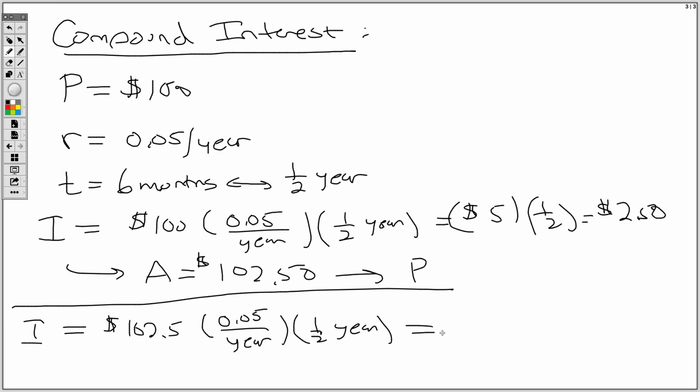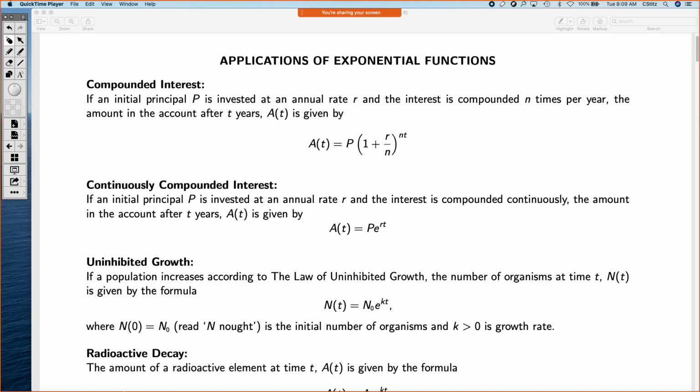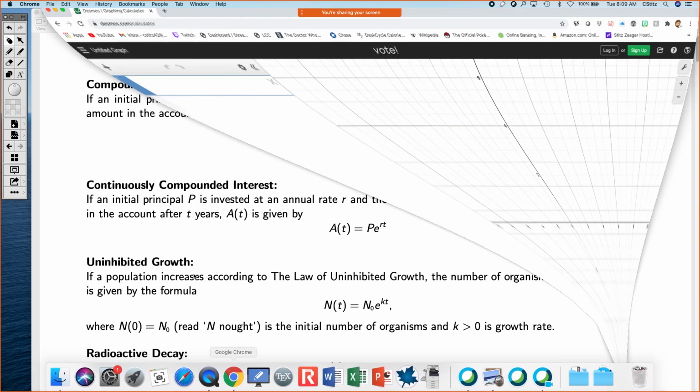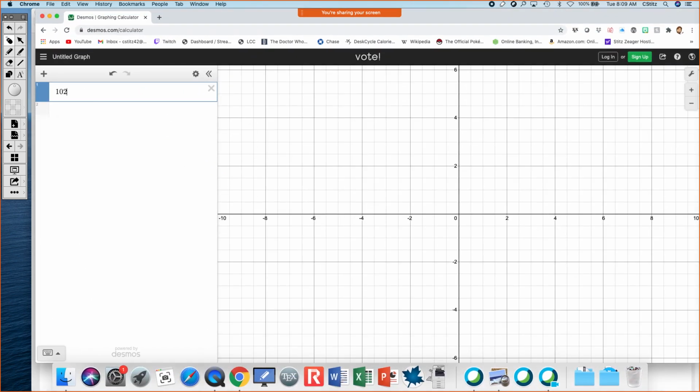And you do this calculation, which we'll use Desmos to help us with. So 102.5, sounds like a radio station, times 0.05 times a half. Notice we get 2.5625.